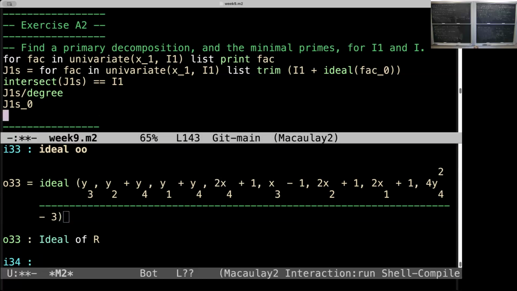Actually, let's do it by the Gröbner. Let me do Rlex equal to new ring of R with the new monomial order. So this is a way that you can take a ring and just change some aspect of it. So monomial order is Lex.